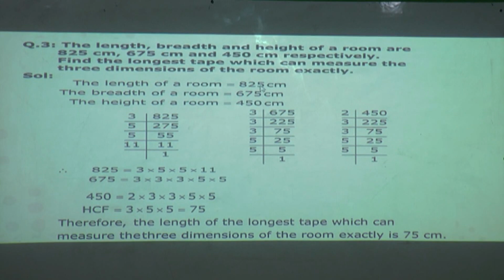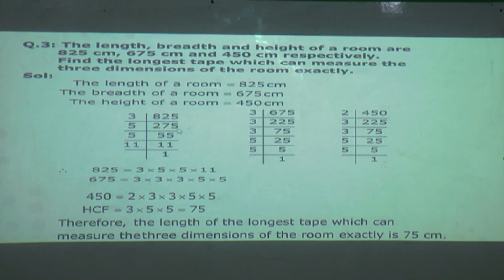Length of room 825 centimeter, breadth of room 675 centimeter, height of a room 450 centimeter. So 3 2s are 6, 8 minus 6 is 2, it becomes 22. 3 7s are 21, 22 minus 21 is 1. 1 5 becomes 15, 3 5s are 15.